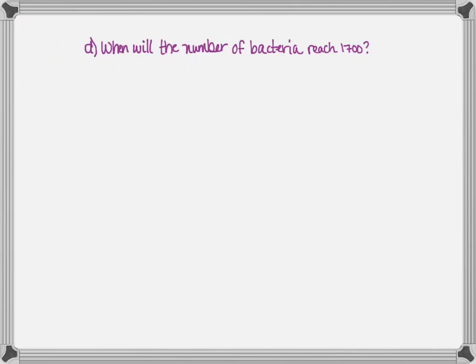Next, when will the number of bacteria reach 1700? Given our original formula, N(t) = 1000e^(0.01t), let's substitute 1700 in for N(t). So 1700 = 1000e^(0.01t), and now we're going to solve for t.